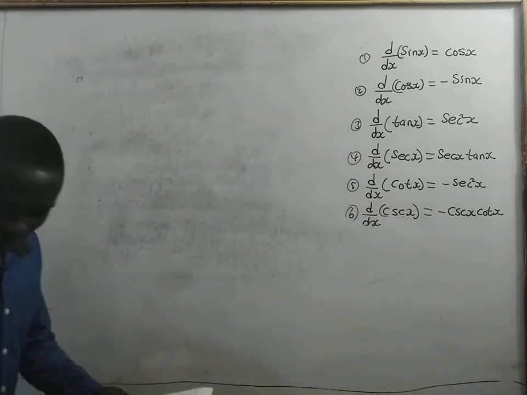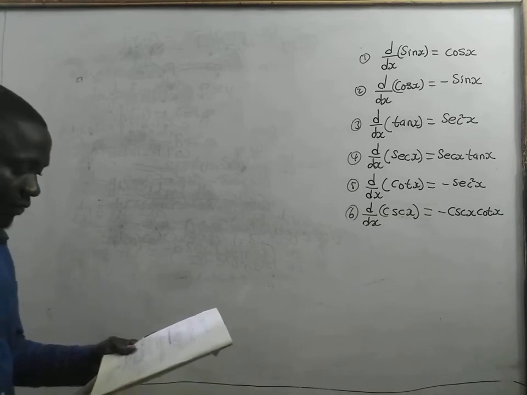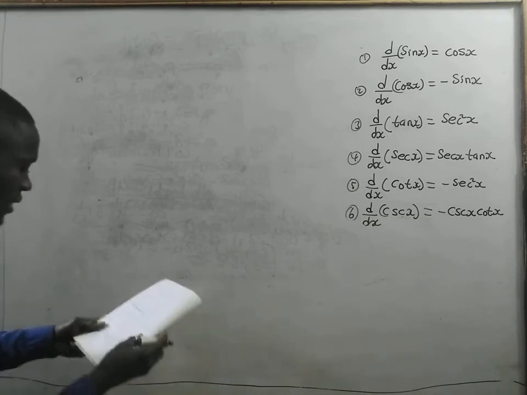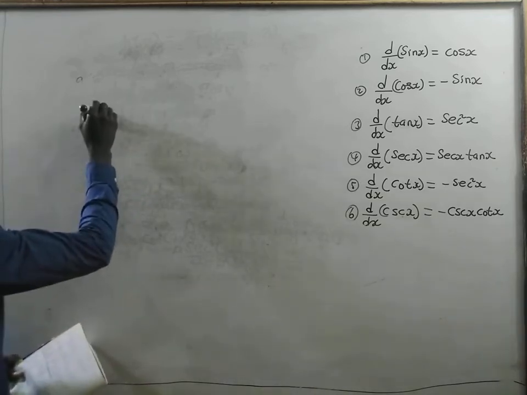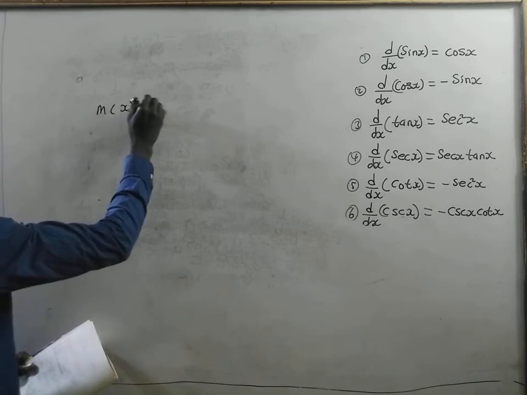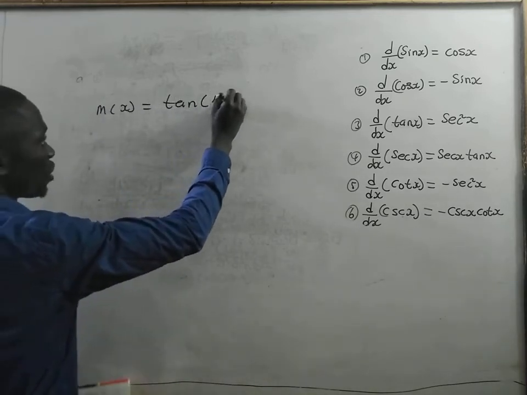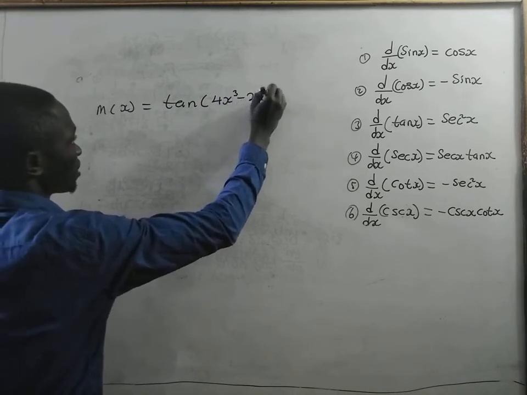Now let's take the next example. I think we've done this one too. So let's take this one. I have m of x equal to tangent of 4x cubed minus 2x.